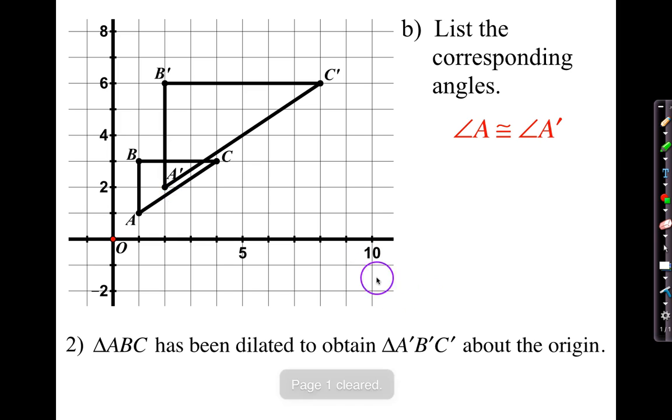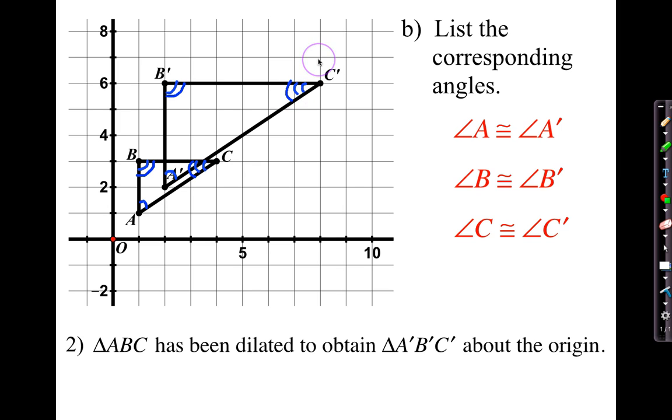So let's go back and annotate it instead. Let's say angle A is congruent to A prime. So one tick mark there. Let's see, what else? Angle B corresponds to angle B prime. So those are congruent. And angle C corresponds to angle C prime. So I'm going to write that those are congruent.